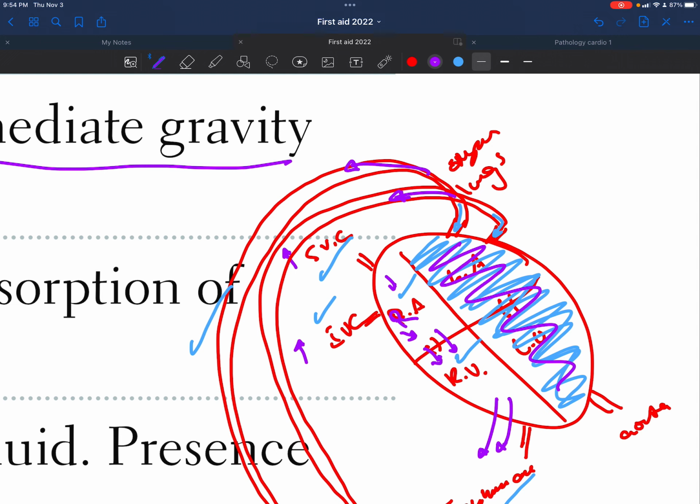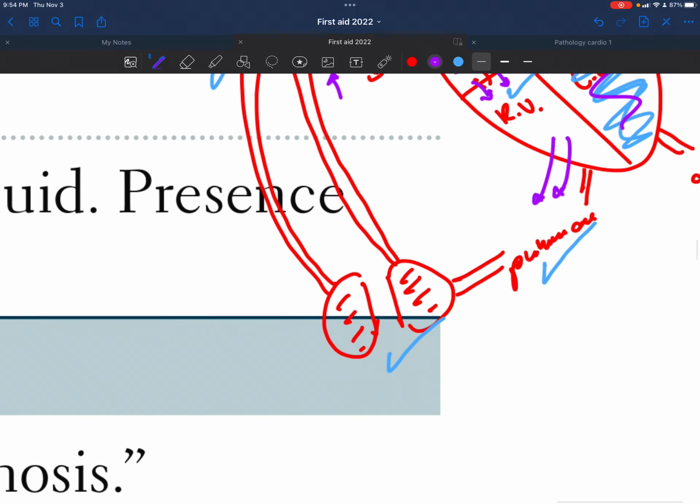This side of the heart is not functioning as it's supposed to. So basically, it will go back to the lungs instead of going into the right atrium. Of course, some of it goes into the left atrium, but most of it gets back to the lungs.